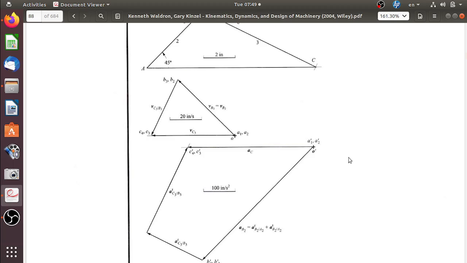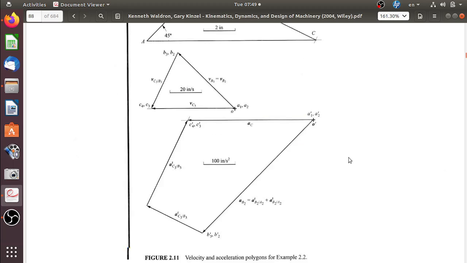As we discussed earlier, the acceleration between 2 points in each body has two components: a radial component and a tangential component. Using the velocity diagram information, we know all the radial components.